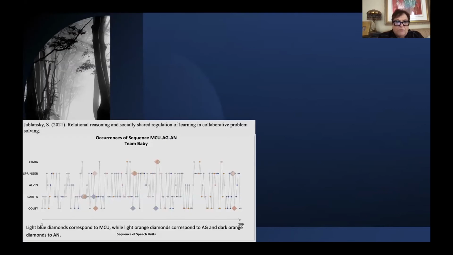Let me go to one more. I'm going to go to this one, and then I'll go back to the others. This was a more recent study done by Sophie Jablonski, where she studied senior engineering students who were working collaboratively on designing in mechanical engineering, designing something that would solve a given problem.